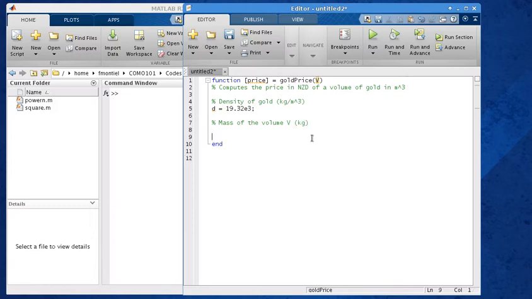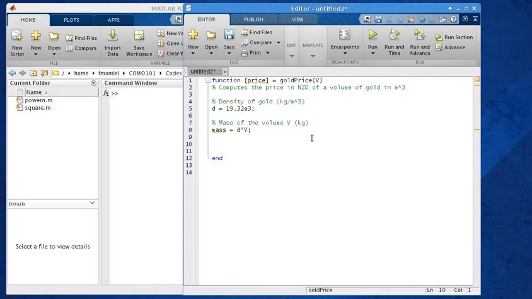The density gives the mass knowing the volume, so the mass is simply the density multiplied by the volume. Now that we have the mass, how can we find the price?